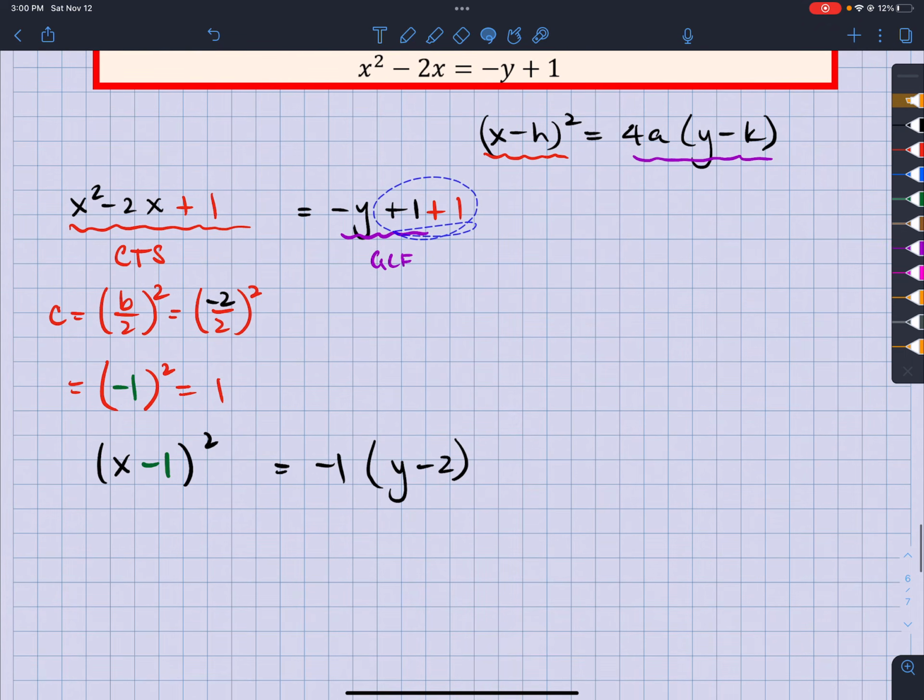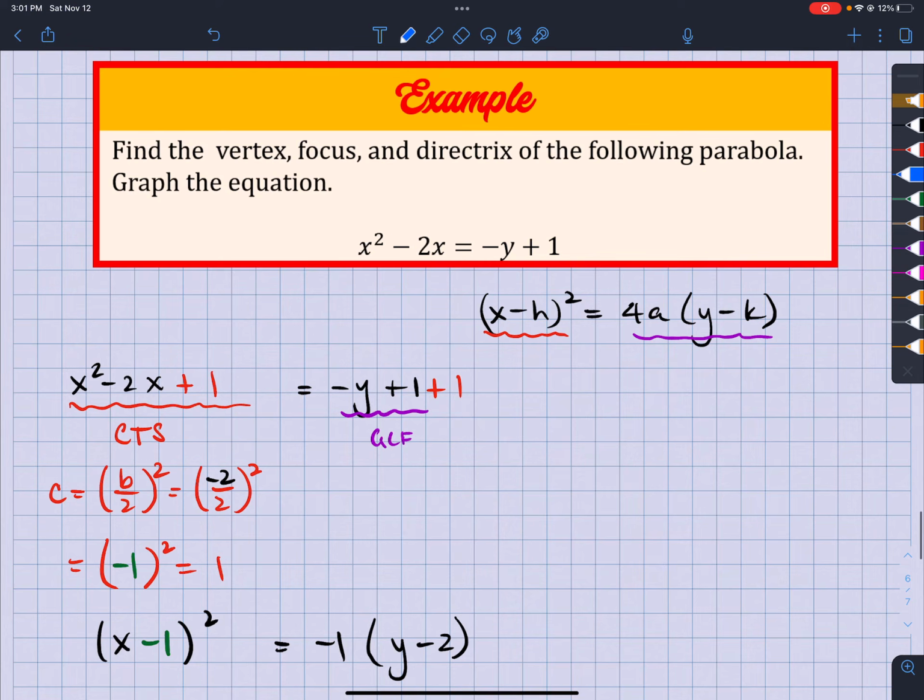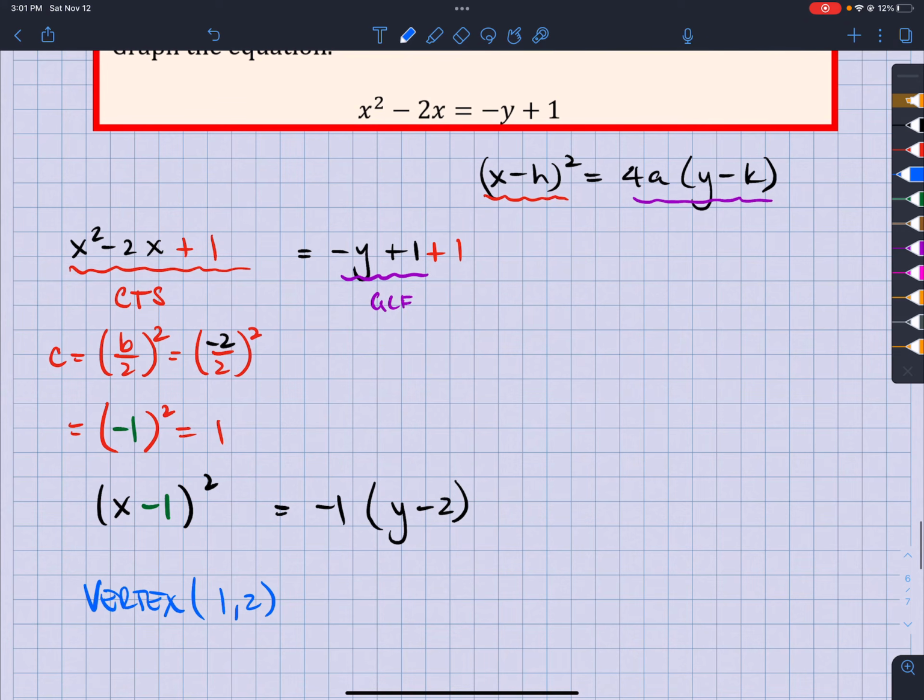So automatically I can see my vertex, and that's going to be (1, 2). So I got my vertex down. It has the other things asking for it too, right? The focus and the directrix. Since I notice that this is an x squared, I know it's going to open up or down. But let's take a look at what the A is going to be.